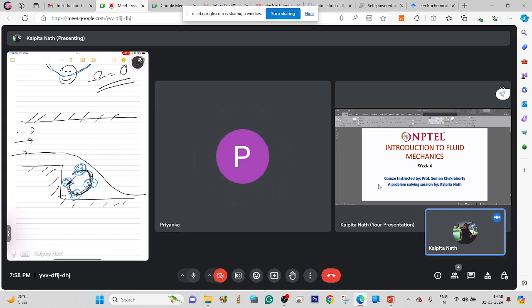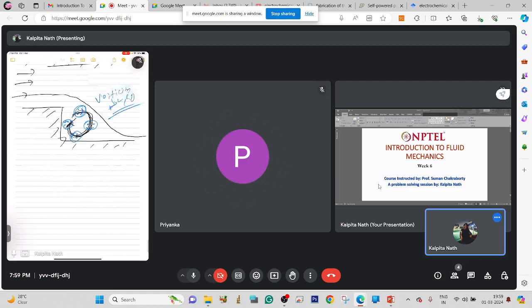The fluid particle is rotating in a circular motion, along with that it is rotating about its axis. That means there is vorticity present. Vorticity here is not equal to zero. So you can get a real feel of what the vorticity physically means.